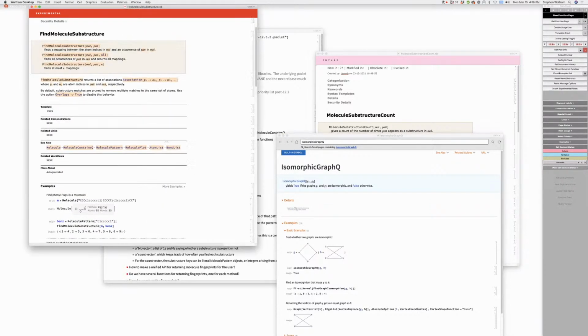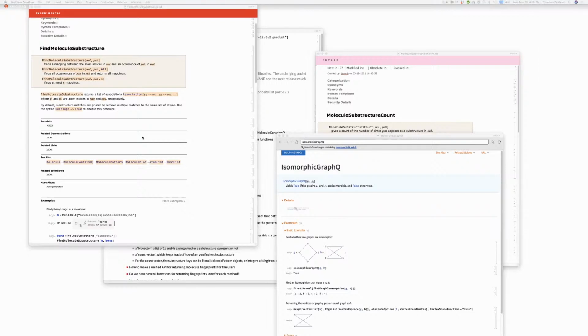Okay, but FindMoleculeSubstructure, you believe if there is a substructure, it will find it, correct? Yes. It's not heuristic, it's not anything else. It will find it. I didn't write the algorithm myself, so I can't guarantee that. I understand that, but in principle, it will find it. Yes. Okay. And it will find it in the form that FindGraphIsomorphism does, where it's telling you the mapping from one molecule to the other.